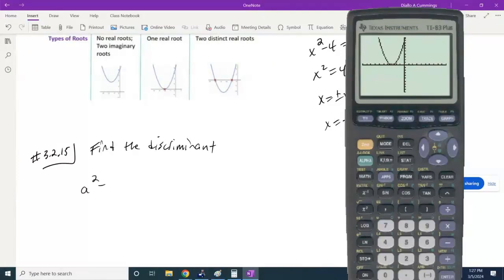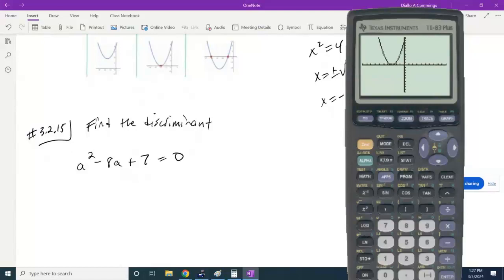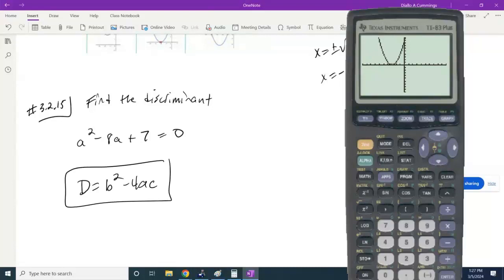So the equation is a squared minus 8a plus 7. And we're just asked to find the discriminant. All right, so we're going to use the formula d, which is the discriminant, is equal to b squared minus 4 times a times c. So notice there is no square root in that discriminant.